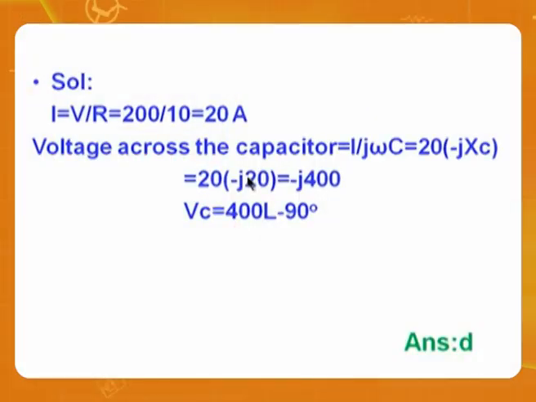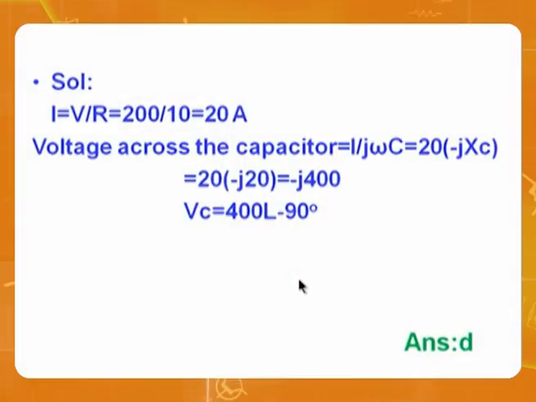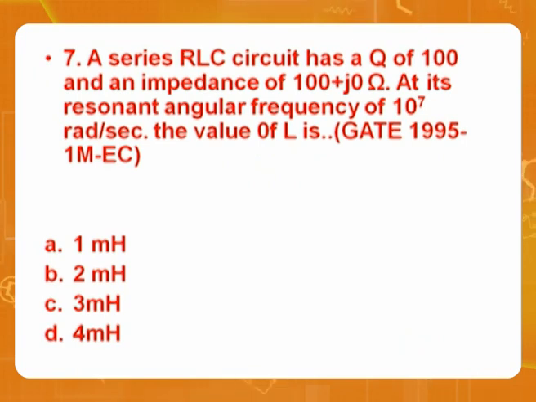Even that frequency, you don't need to calculate that minus j20. In fact, you cannot, because the frequency is not mentioned. When the frequency is not mentioned, he has every obligation to give us the value. And he gave the value, so 20 into minus j20, minus j400. Okay. So this is how you have to calculate the thing.